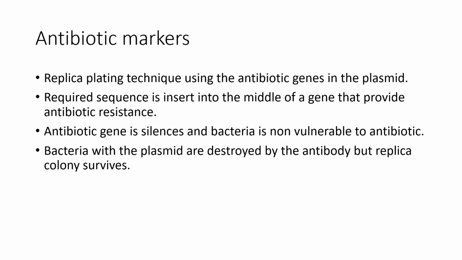When it comes to antibiotic markers, we use a concept called the replica plating technique. What we basically do is we make identical copies of all of our bacteria samples, and we make sure that one of those is completely secure and safe and kept at the side, and the other one is used for testing using antibiotics.